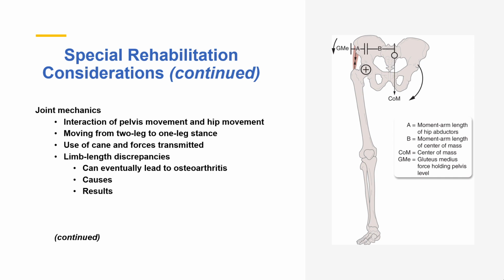Furthermore, when we think about the body's center of mass, it can shift towards the supporting limb when a person moves from a two-limb to a one-limb stance. As shown in figure 18.4, you can see the single limb stance mechanics. Essentially, the hip becomes the fulcrum from which the pelvis drops towards the non-supporting side.